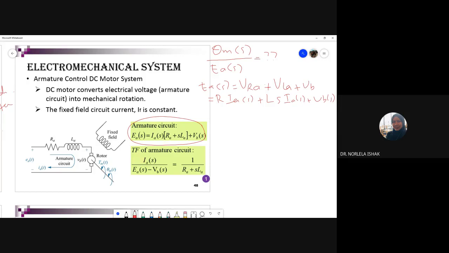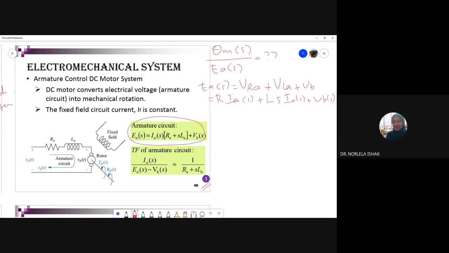Okay, from here we find the transfer function from the armature circuit. Let's say we label this number one here. How to derive the transfer function?